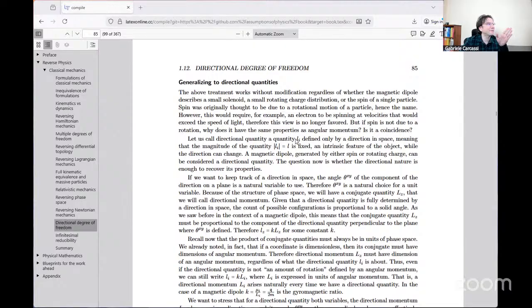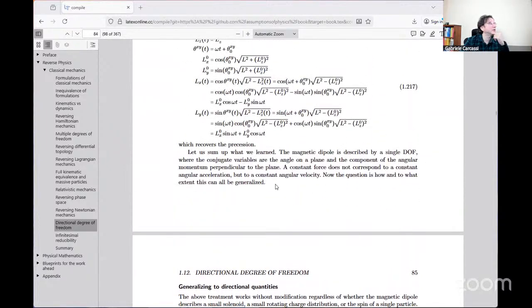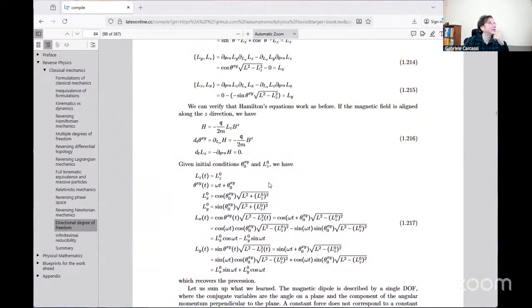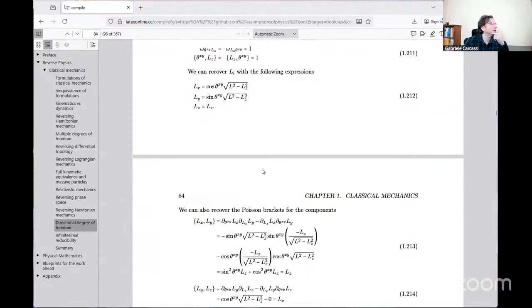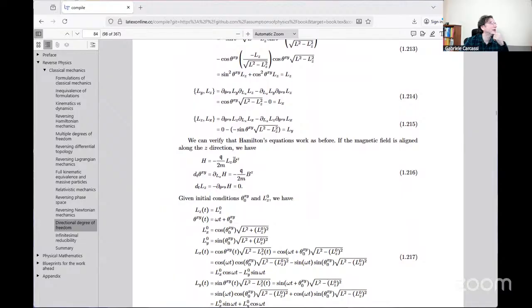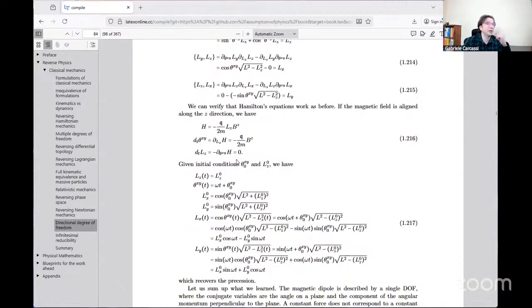Okay, so now if I have a quantity that has, oh, there you go. Can you elaborate more on the comment about page 85? To sum up, a force over position will impart a constant spatial acceleration, while a force, yes. So this is what we find here, right? That if we have a Hamiltonian with a constant magnetic field, we have a constant precession of the angular momentum.